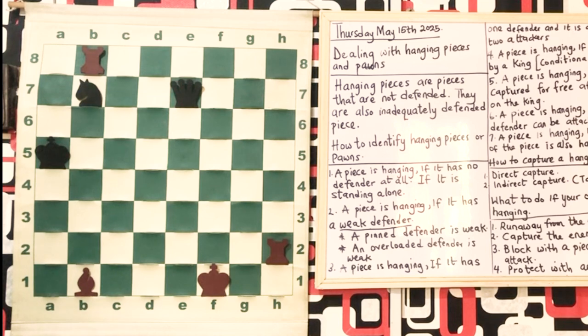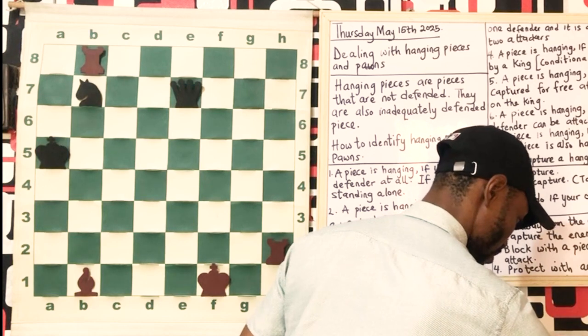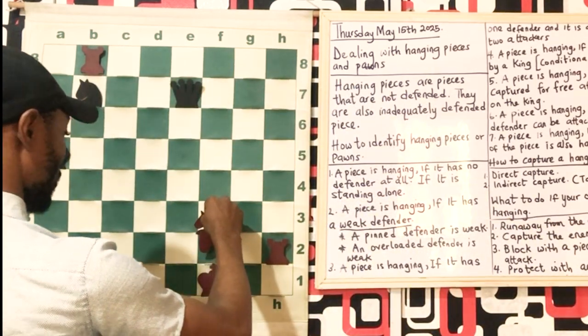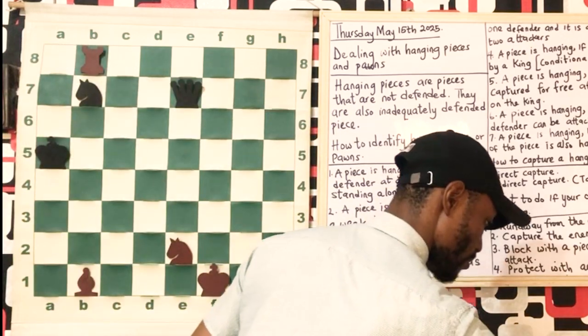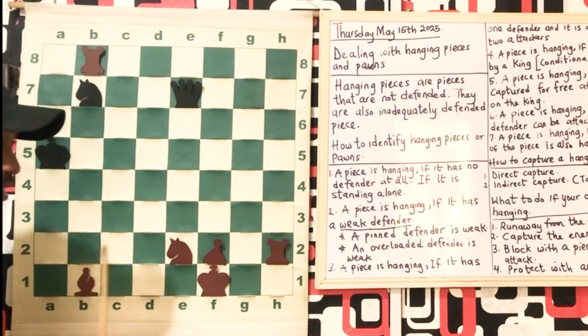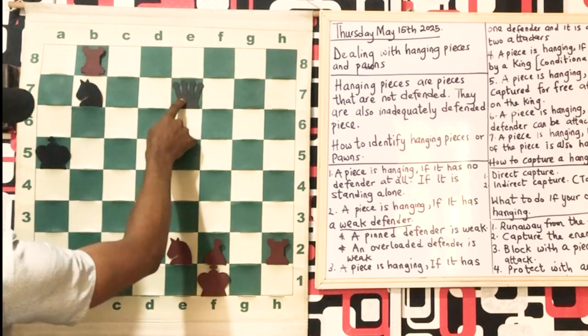It is obvious that, okay, let me cover this king so we can have a clear example. One pawn. Pardon me, I'm trying to give you an example of an overloaded piece. Look at this. The queen here.